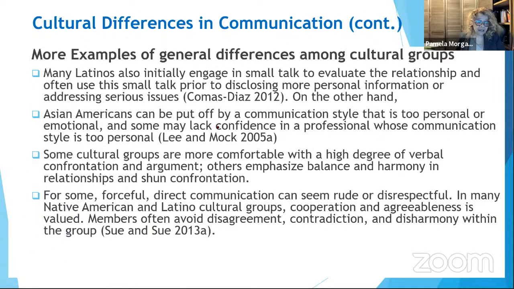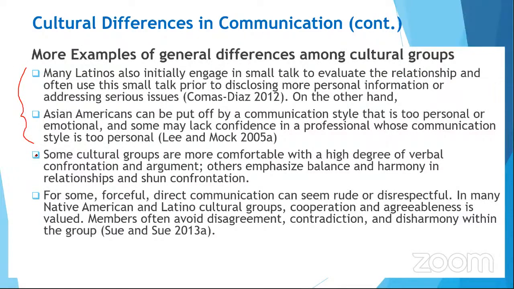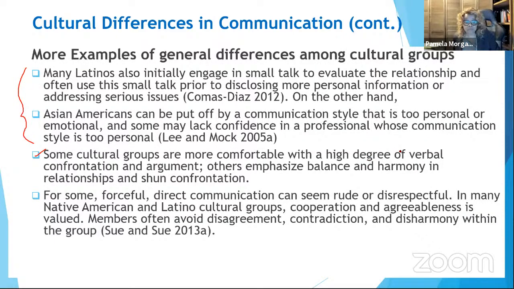And then, so we looked at these first two. Let's see, some cultural groups are more comfortable with a high degree of verbal confrontation and argument. I think about back in the 80s, people who I know who went through, and even some in the 90s, who went through treatment at a particular treatment center.